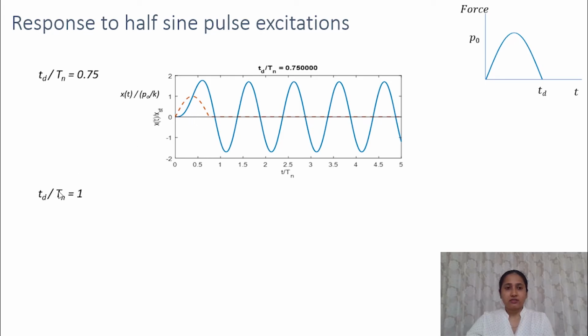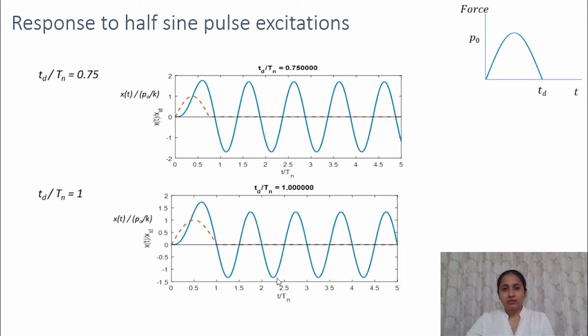Now let's see this for Td by Tn equal to 1. Here also the same pattern continues. The maximum response occurs during the forced vibration, and after the pulse ends, the free vibration continues with some reduced amplitude. The maximum response is within the pulse.